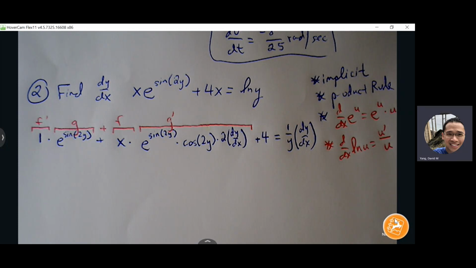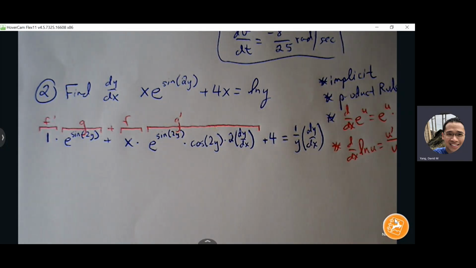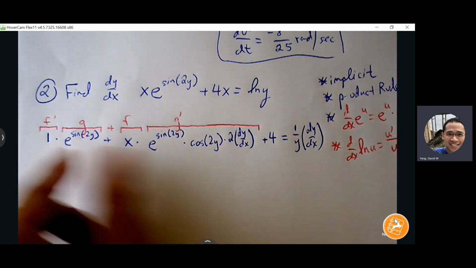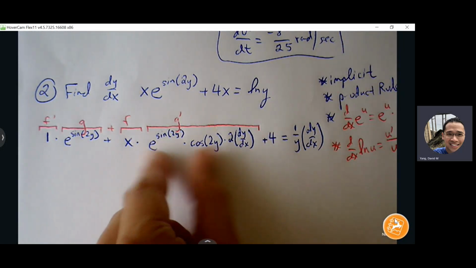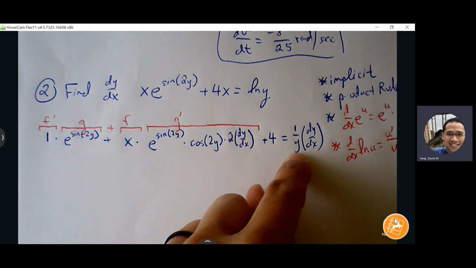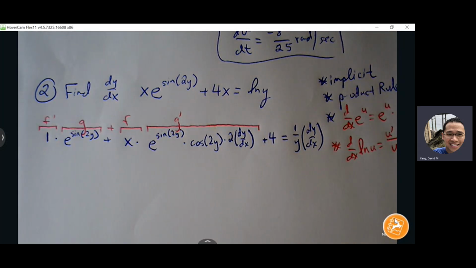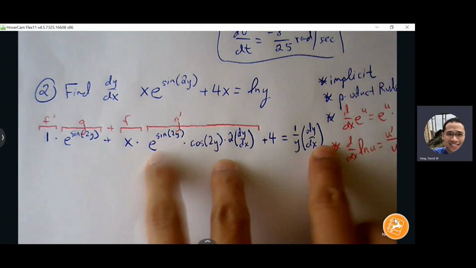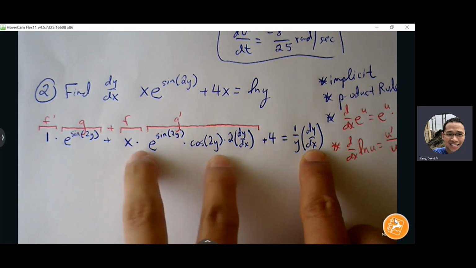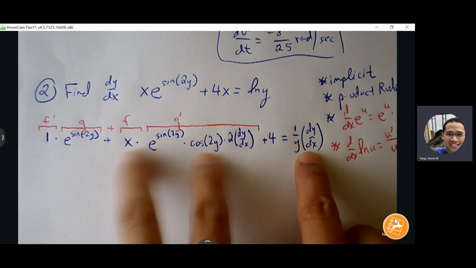All right, so we really have 4 terms here. So this is all connected. All this is connected. And then you got the 4 and you got the 1 over y dy/dx. So you got these 4 terms. We want to rearrange them in a way where we can group the dy/dx together so we can factor it out and divide over. So we know these are the 2 terms. This is really long and messy, but this is really just one term here.